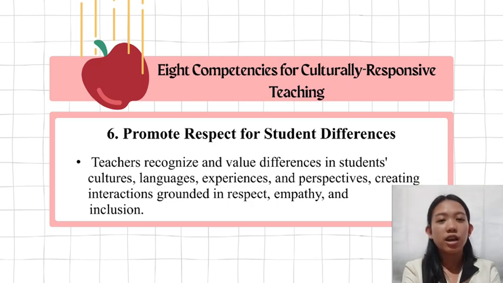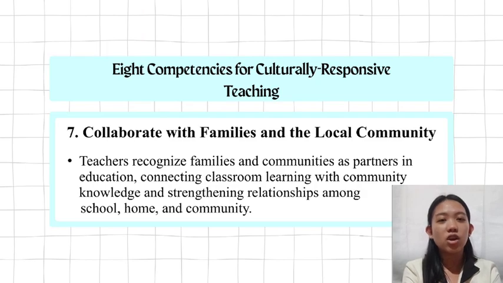Now, the next competency is collaborate with families and the local community. Now, teachers are not the only ones who support learners. Families and communities also provide valuable knowledge, experiences, and resources.